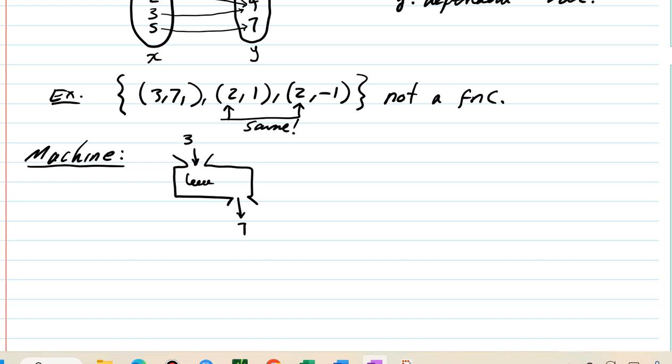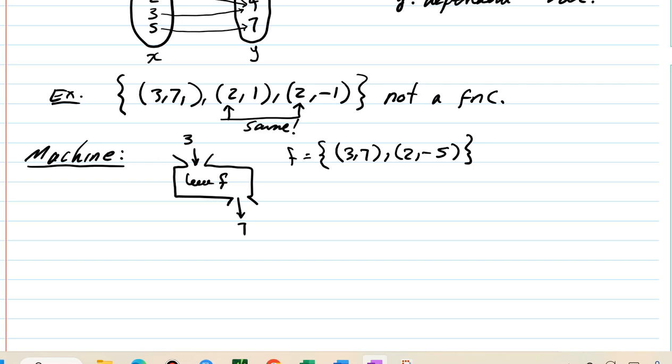Now to be a function machine, I have to have a function. So let me make up a function f that works on this machine. Suppose I have (3, 7) and (2, -5). There you go. So whatever f is that causes this to happen, for 3 to map onto a 7, that's what f is.